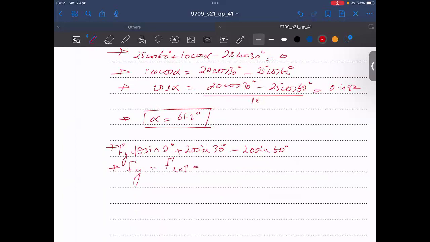Whatever resultant you are getting in the y direction is going to be your overall resultant force as well. 1.43.